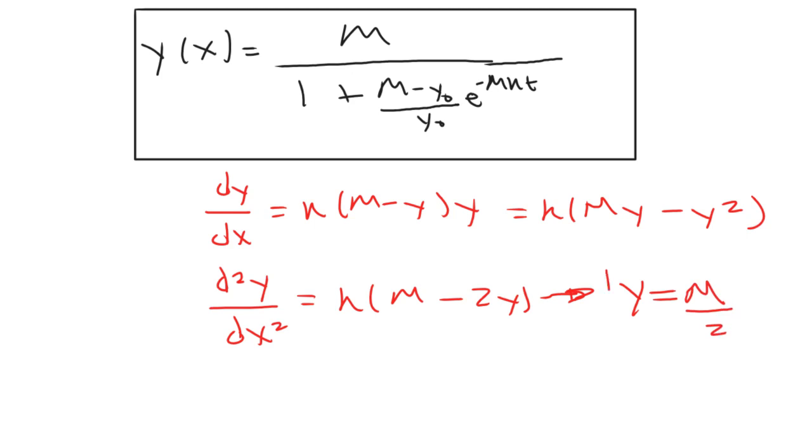So the point of inflection occurs precisely when half of the population has been reached.